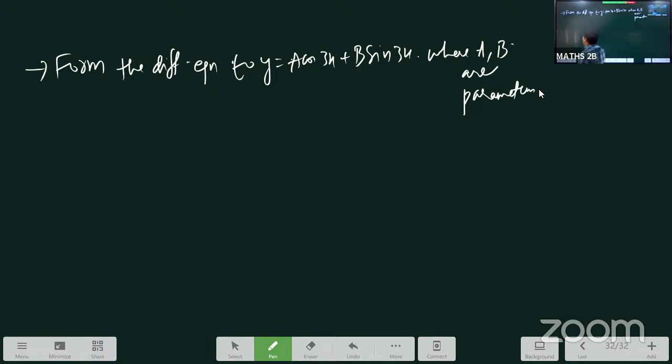And capital A and capital B are parameters means how many parameters I am having now? 2 parameters. Is it clear?